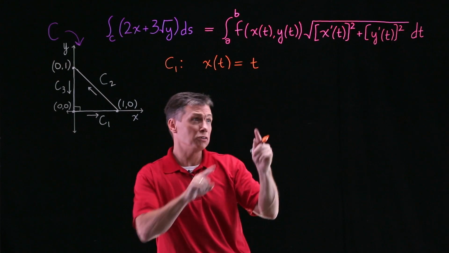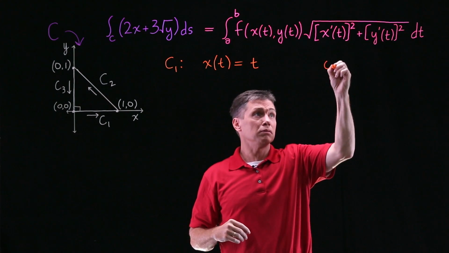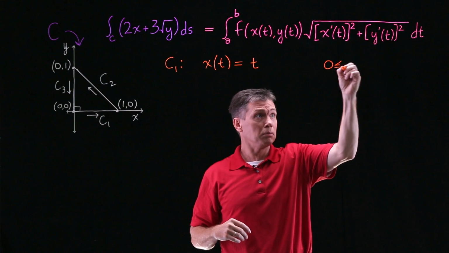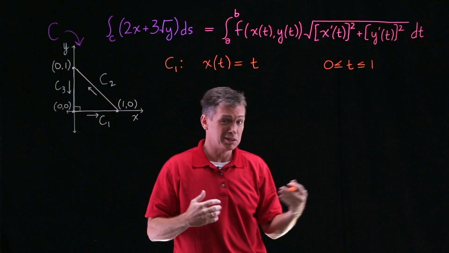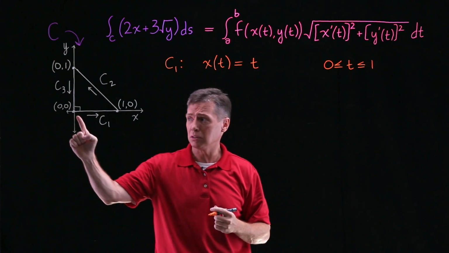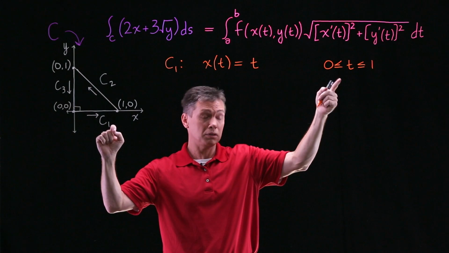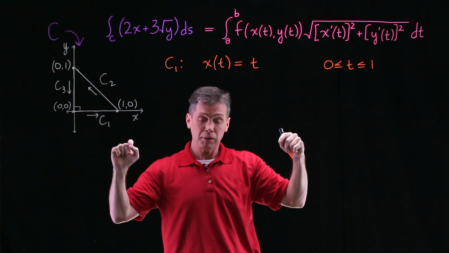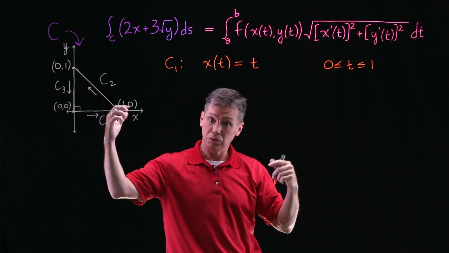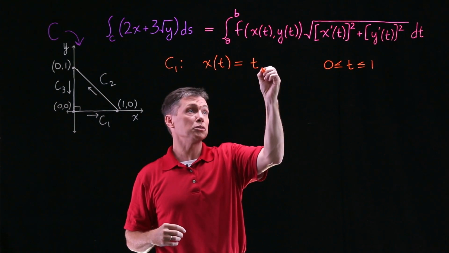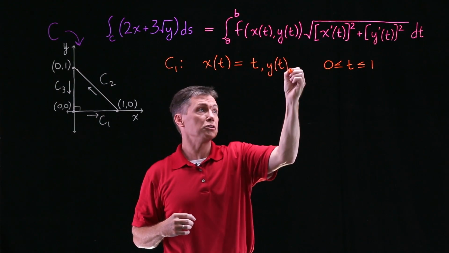And that should make sense to you if I slide over just a little bit and realize that t will go from 0 to 1. Just let x be t, and then the t's go from 0 to 1. Okay? And the y coordinate in that first stretch of our journey is 0, and it's always 0. So my y of t is just going to be 0.